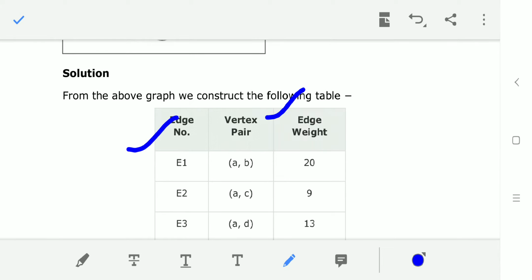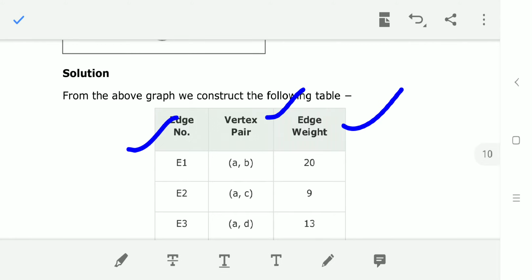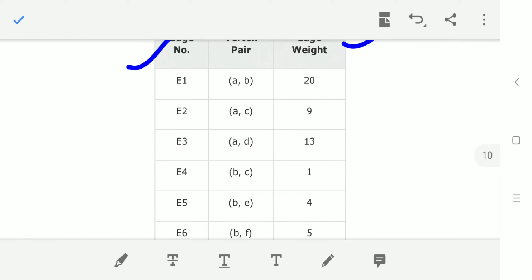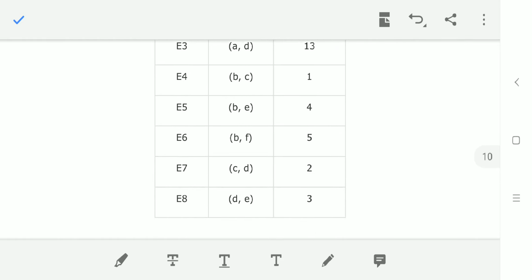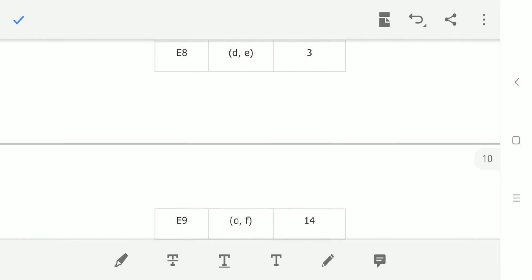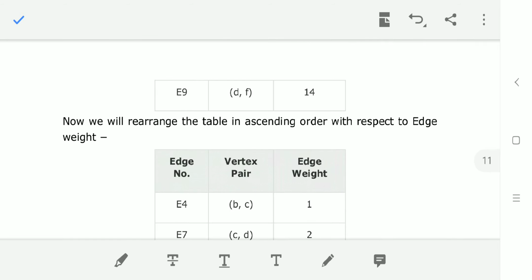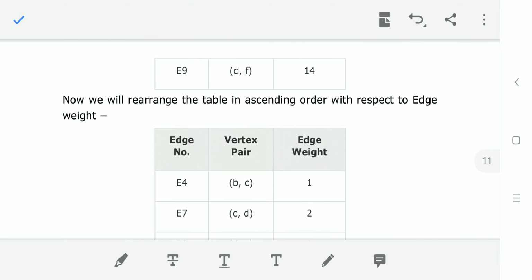Please write down on your rough paper so that you can easily understand. And now we will rearrange the table in the ascending order with respect to edge weight.